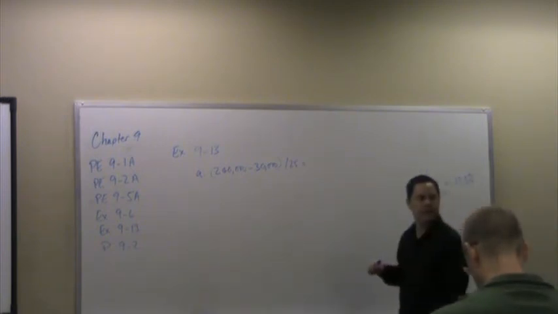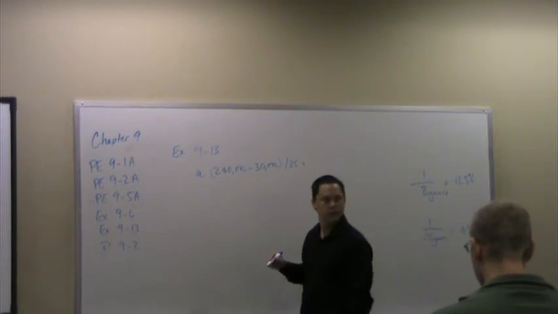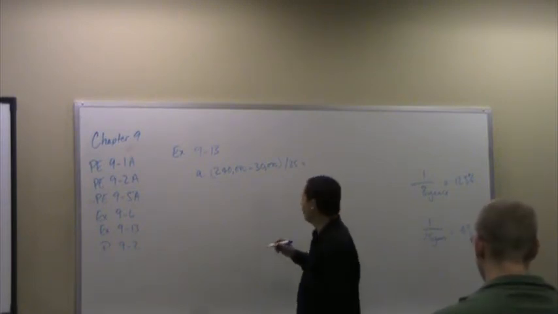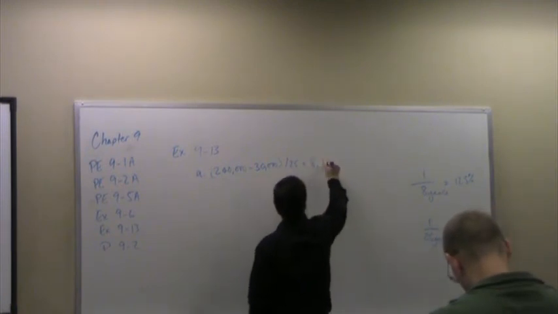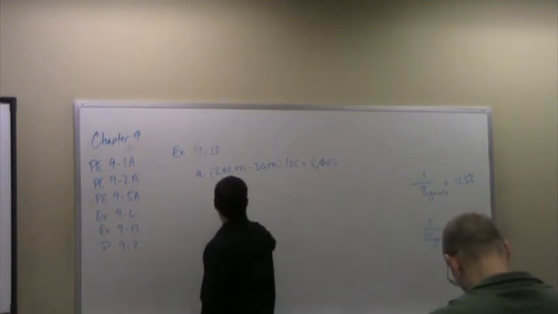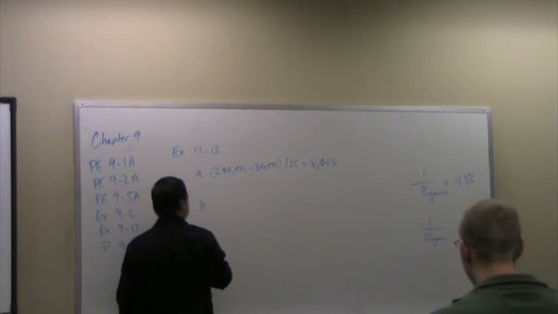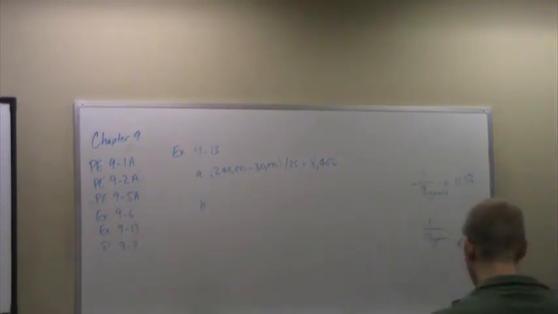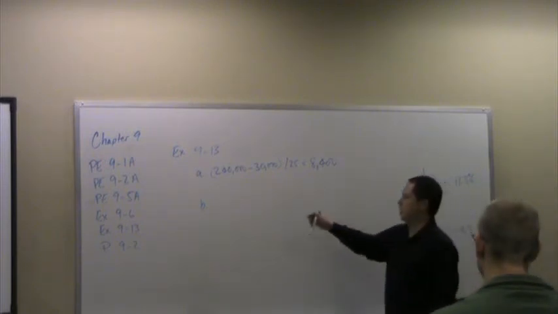All right, so what do we have? $8,400. All right, so that gives us what we have each year. Now, the next part of the question asks the amount of depreciation for the first and second years computed by the double declining balance method. So what percentage are we doing each year?